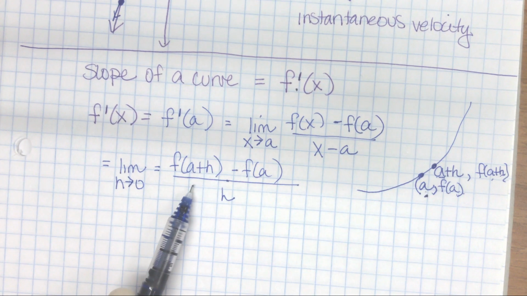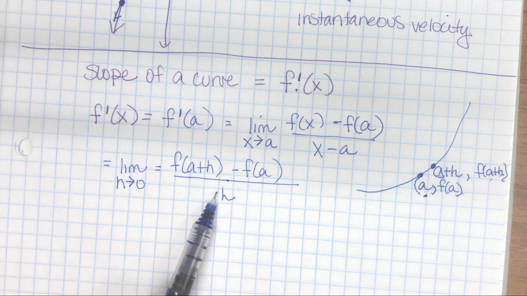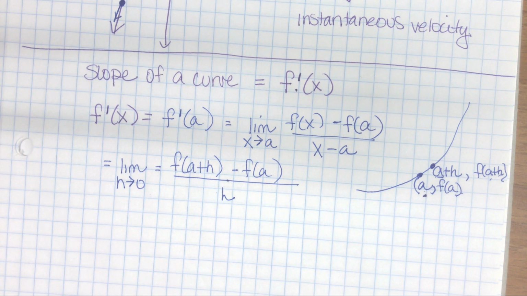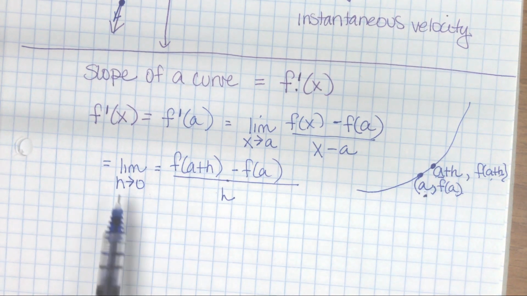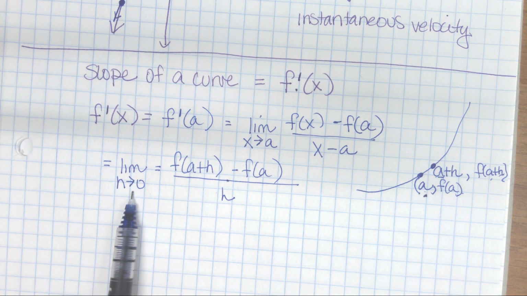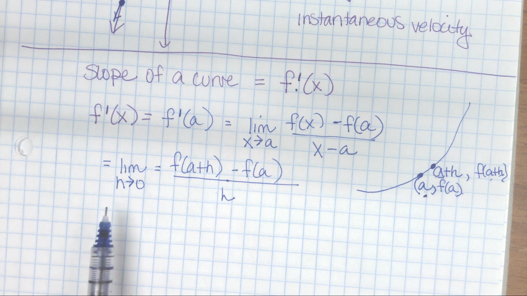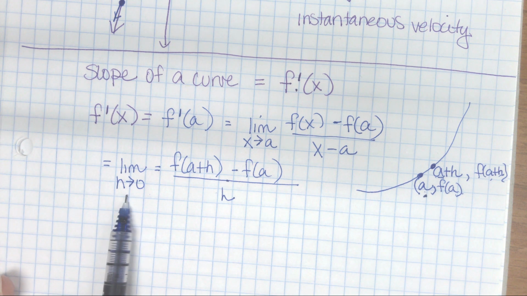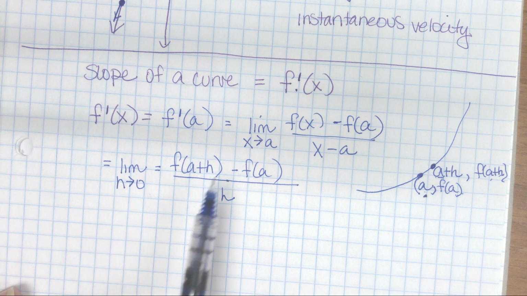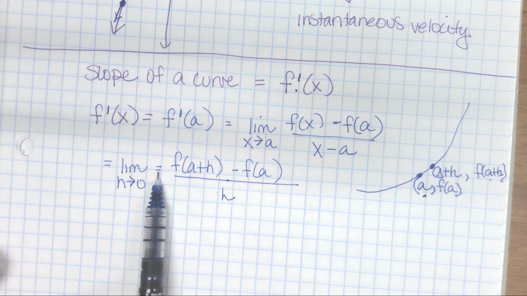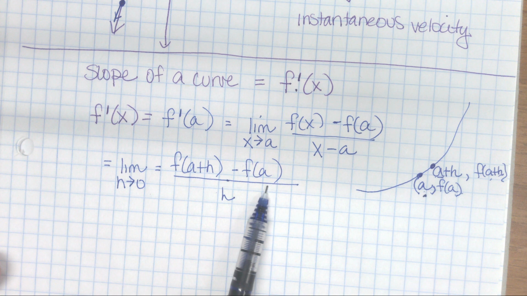Do you see the issue with this? Go back to what we learned about limits. Try direct substitution. What do we learn about direct substitution? When you put 0 up top, don't we get f of A minus f of A? What's f of A minus f of A? 0.